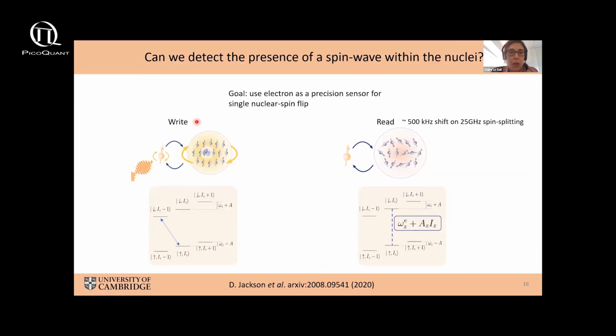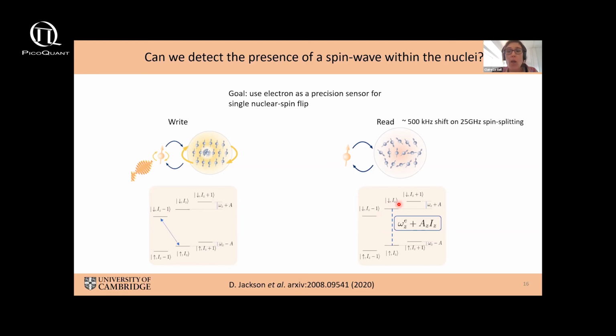If we write a magnon in the nuclear ensemble, we have seen that via the collinear hyperfine interaction, we should, in principle, shift the energy of our electron spin states by the hyperfine constant AZ, which is on the order of 500 kilohertz. So the question is, having driven a magnon, can we actually detect that the transition energy of the electron has shifted by the nuclear hyperfine?